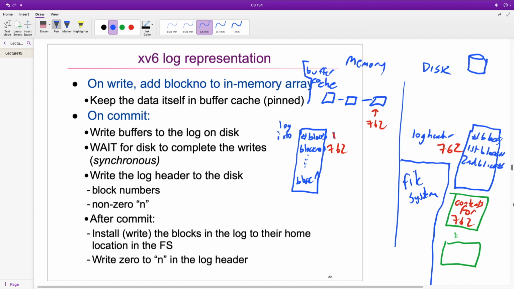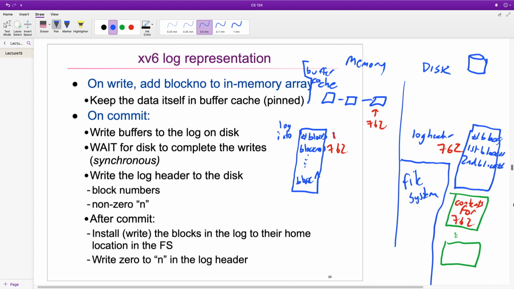And then when we get a commit, that is when we say the transaction is over, we're done with our writing, then we're going to write the buffers to the log on disk. So we read the blocks from the cache and write them to disk here. We wait. We say, disk, let me know when you're finished.